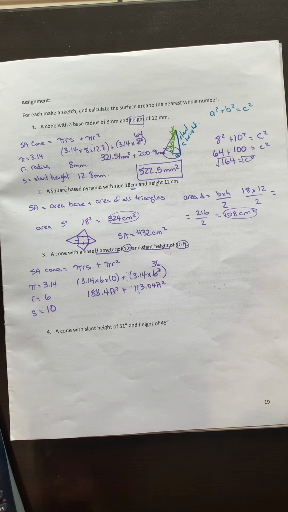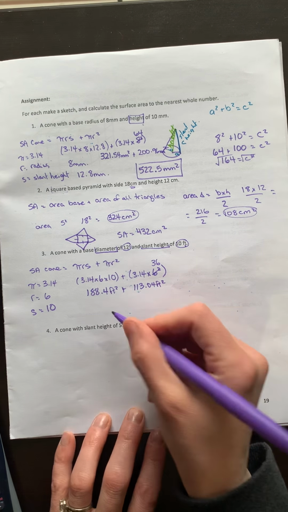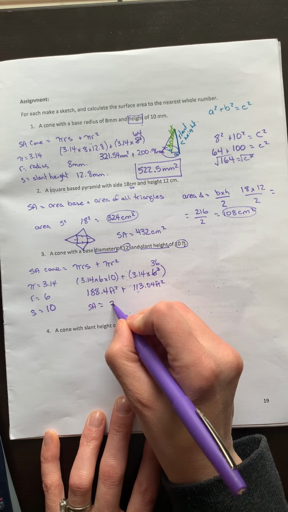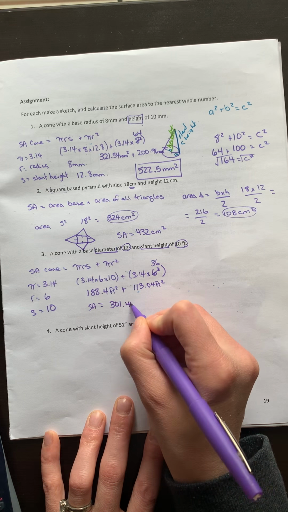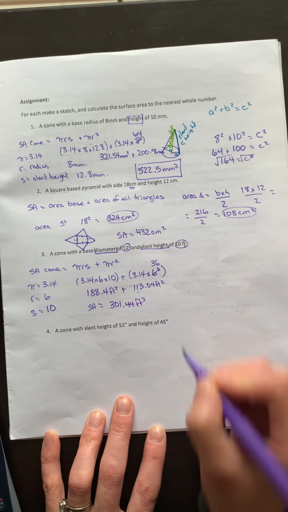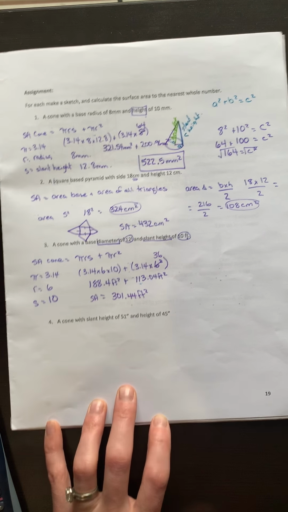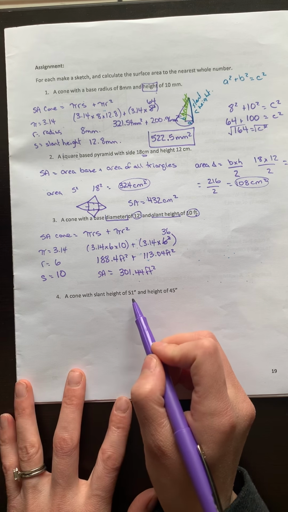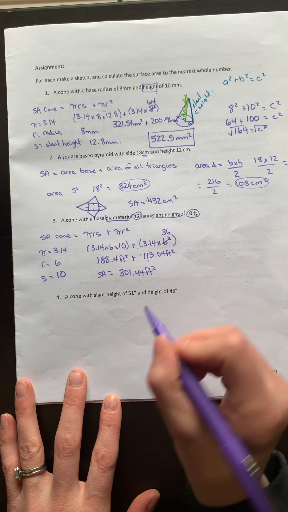Add those up, and my total surface area for this cone is 301.44 square feet.